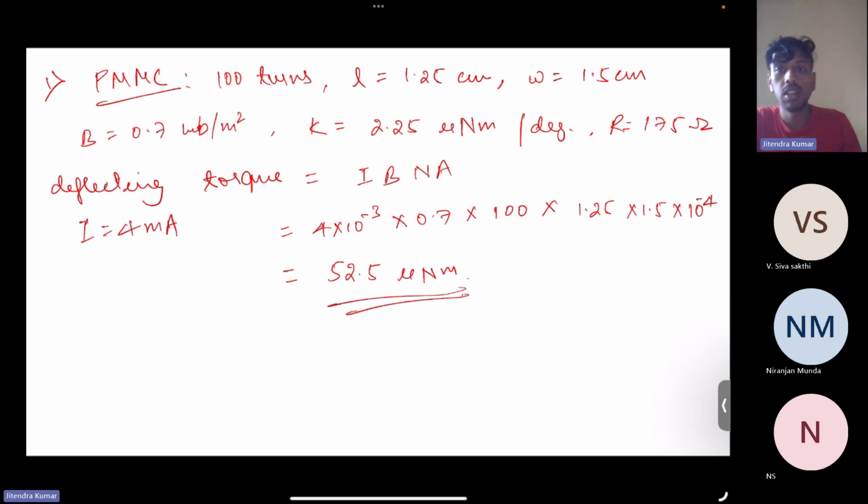Okay. So let us move on to the next part, that was estimate the sensitivity of the meter. So how to calculate sensitivity of the meter? I discussed in the last lecture how to calculate sensitivity.